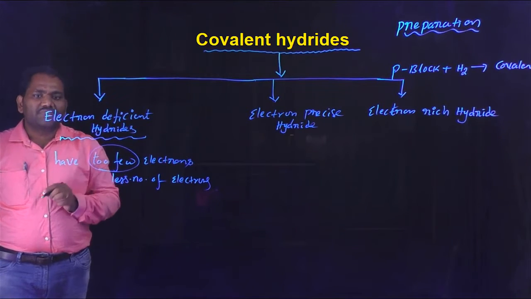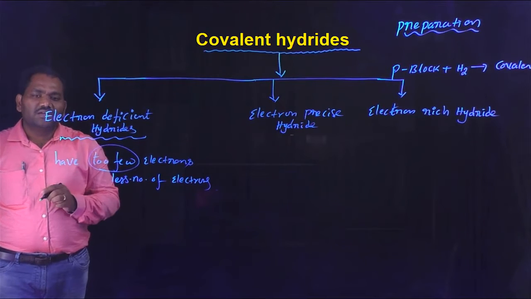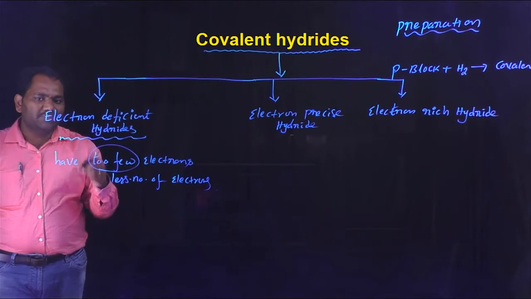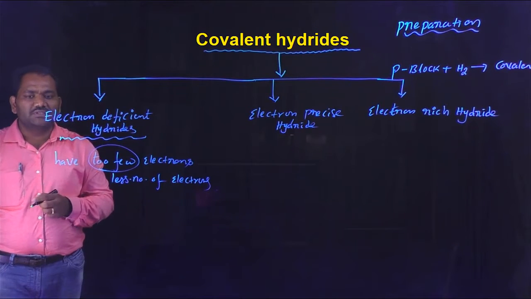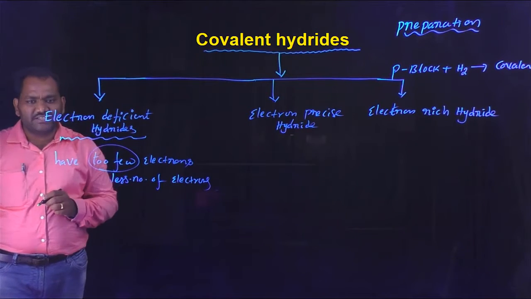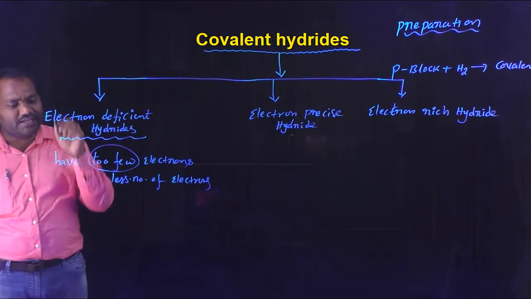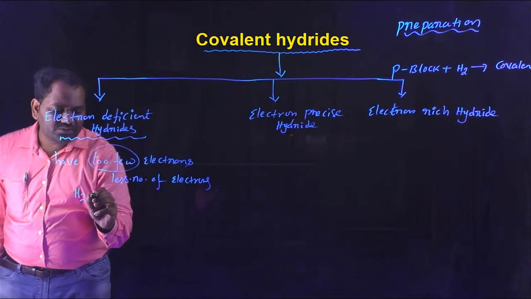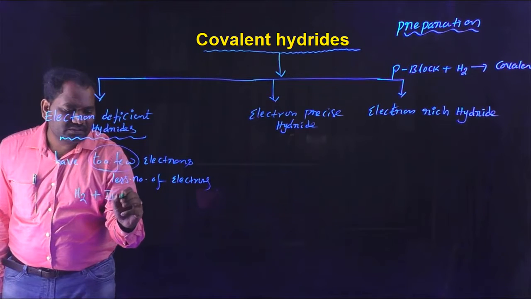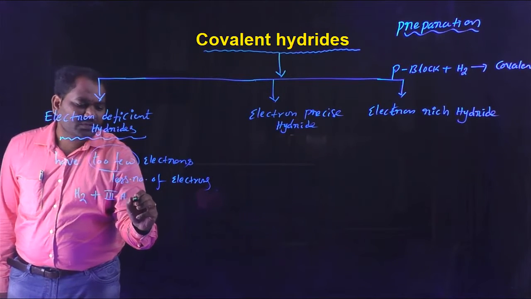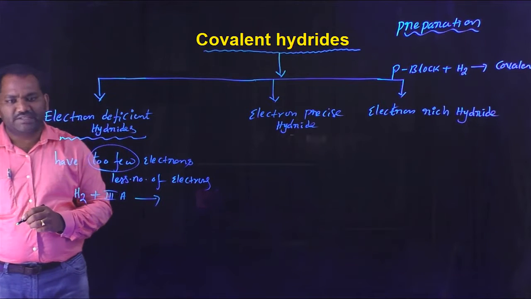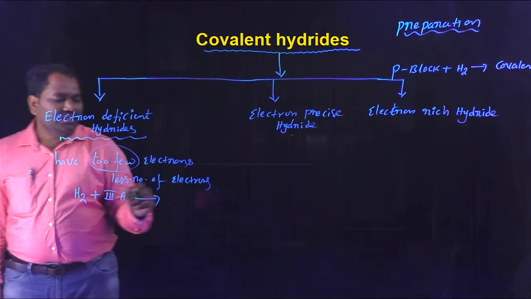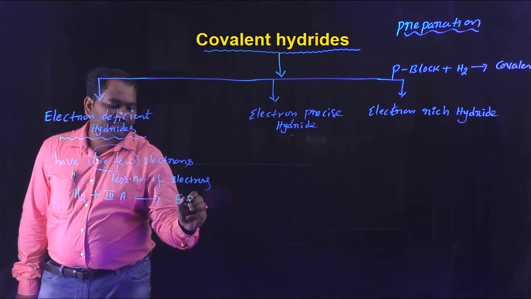So in these hydrides, they have fewer electrons, with empty orbitals. The best example is when hydrogen reacts with a third group element, third A group element, to give an EH3 type hydride.